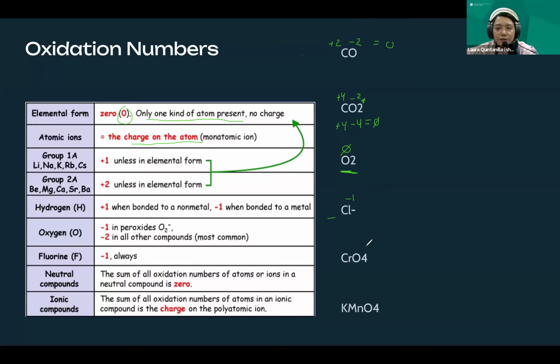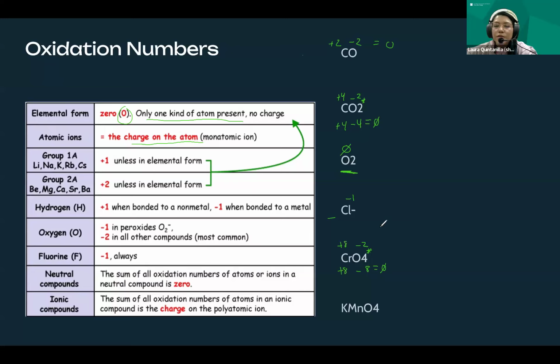All right, let's do this one. O4. Again, oxygen is still just -2. Chromium, there's no rule for chromium, so we're going to have to calculate what it should be. Let's find the total negative charge here, which is -8. So to equal 0, chromium has to be a +8.